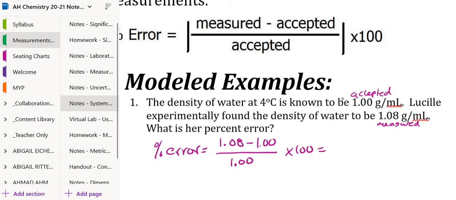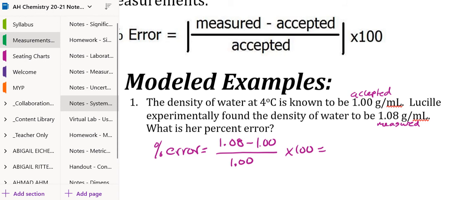So how many significant figures should our answer have? I would take 1, 2, or 3. When you subtract 1.08 minus 1.00, you'll get 0.08, which has 1 significant figure.